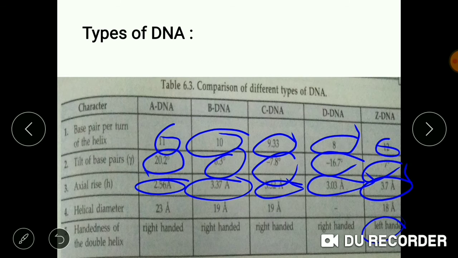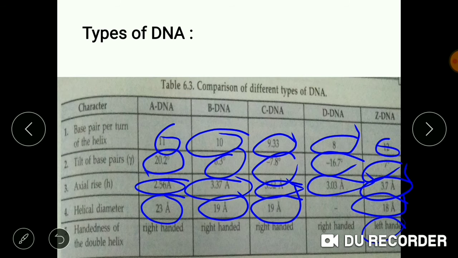The helical diameter also differs in all the types of DNA. In case of A-DNA, the helical diameter will be 23 angstrom. In B-DNA, it will be 19 angstrom. In C-DNA also it's 19 angstrom. In D-DNA, it's not fixed. And in Z-DNA, it will be 18 angstrom.